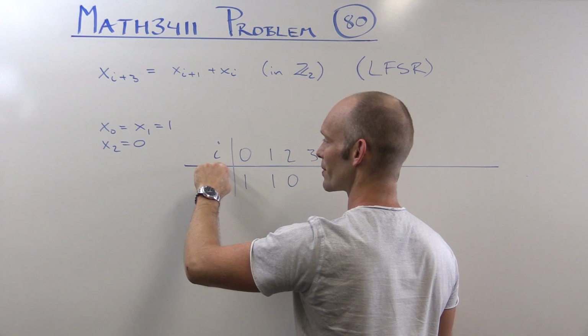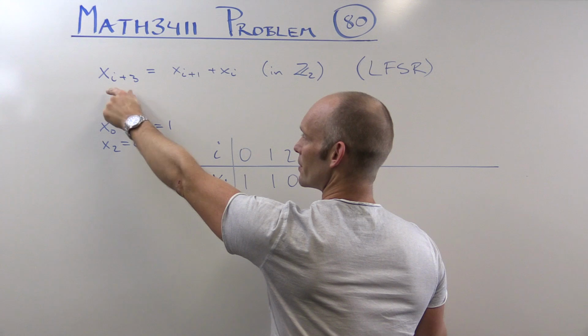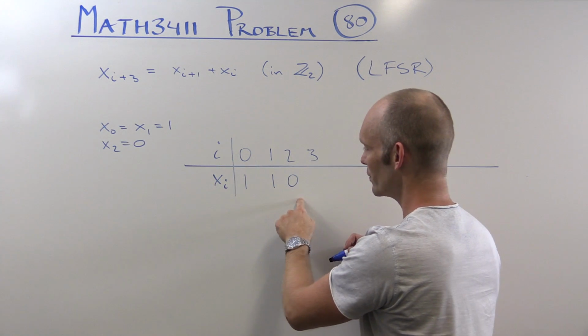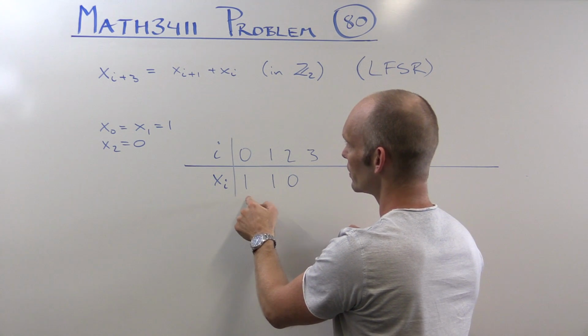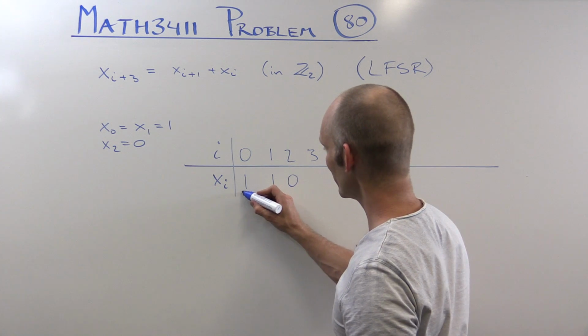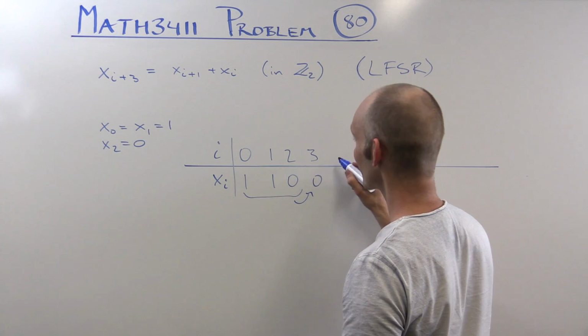That clashes a little bit with this one here, but so we have that the x3 term here depends on the previous 3. In particular, it's just equal to this and this term added together. So we get 1 plus 1 is 0.